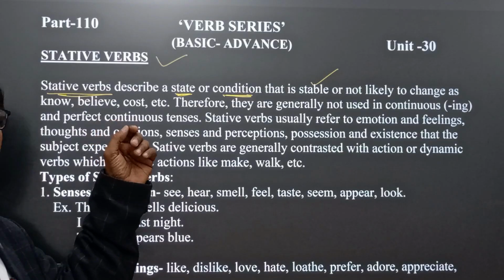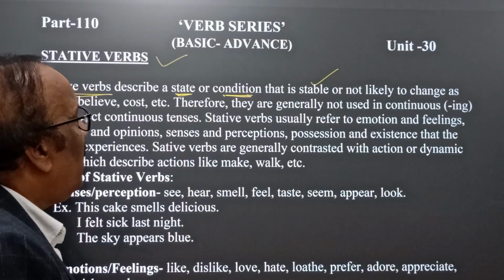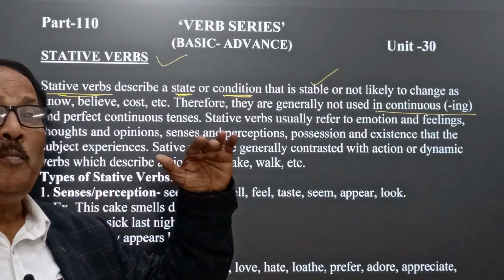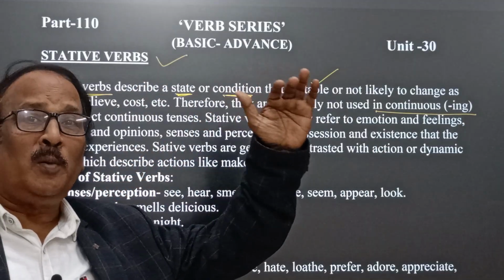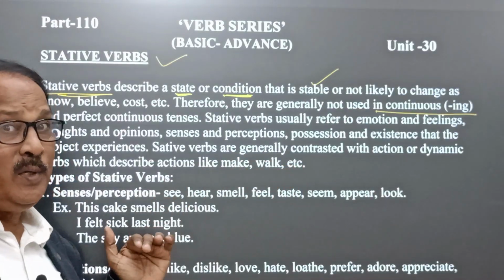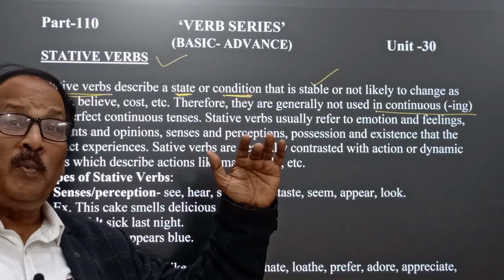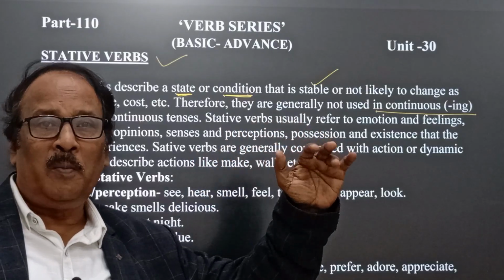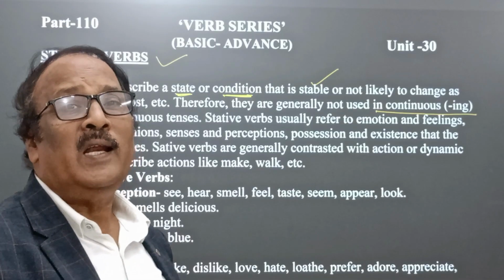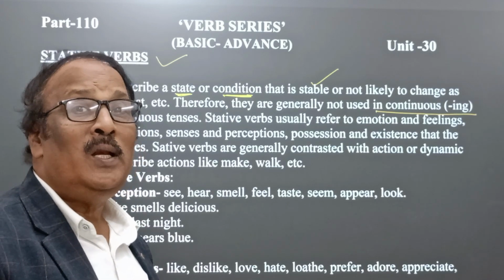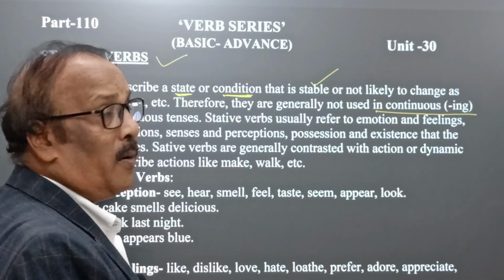These are stative verbs. Therefore, they are generally not used in present progressive, past progressive, and future progressive. Side by side, present perfect continuous, past perfect continuous, and future perfect continuous. In these tenses and aspects, we don't usually use stative verbs.